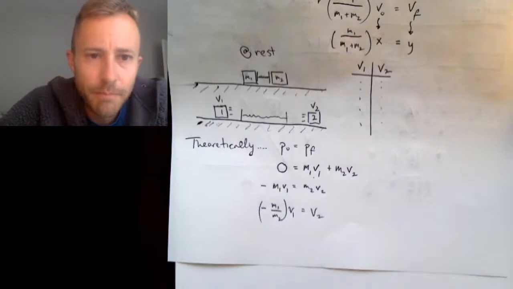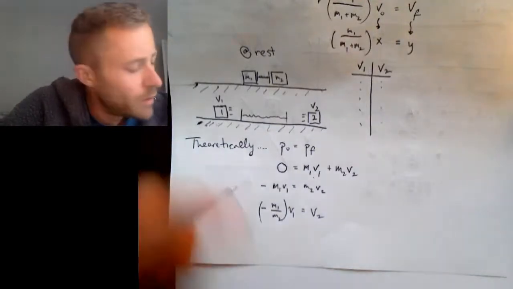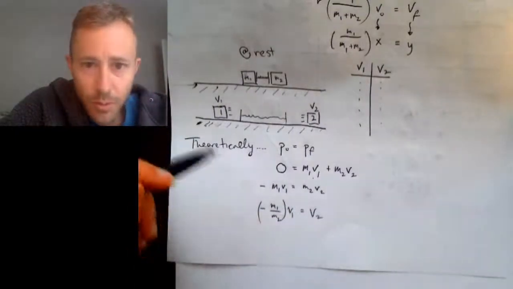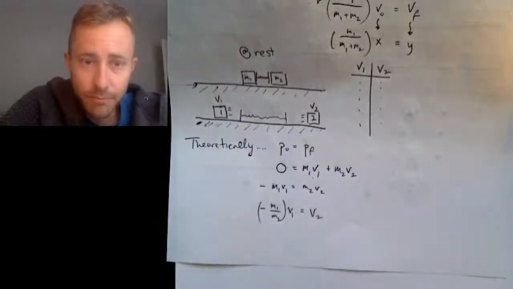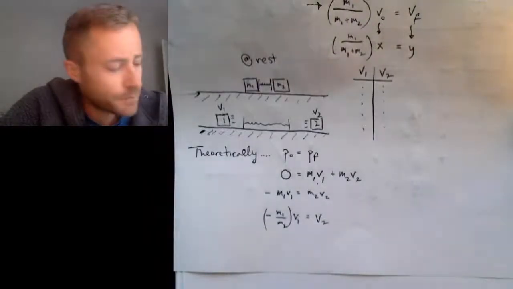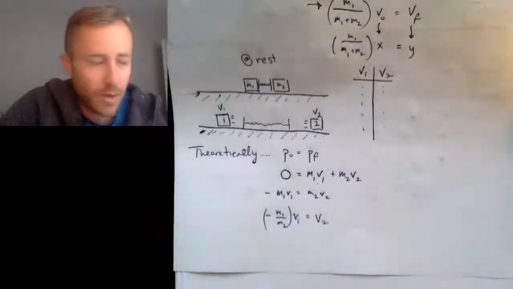We can see that v1 and v2 both appear in this theoretical equation. They're not squared. They're just as they are. And so for that reason, we don't have to do any transformations of our data table. We can simply graph it as is.